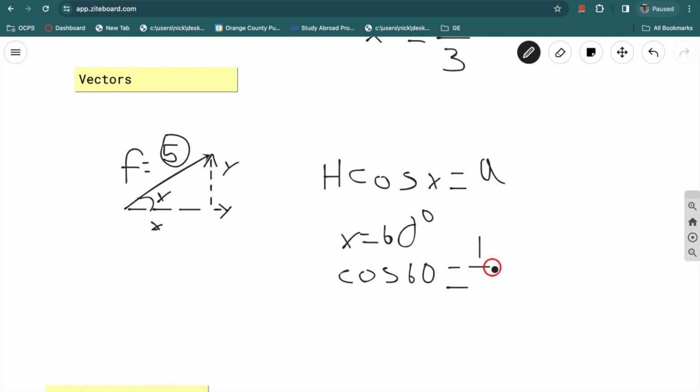So it's going to be 1, and opposite to it, it's going to be square root of 3. So eventually, the adjacent is going to equal h over square root of 3. And that's how you solve for your x component.